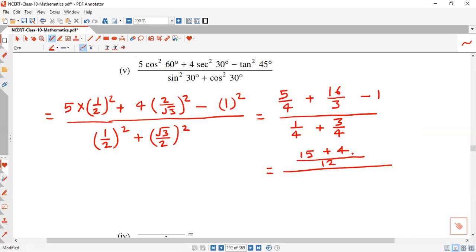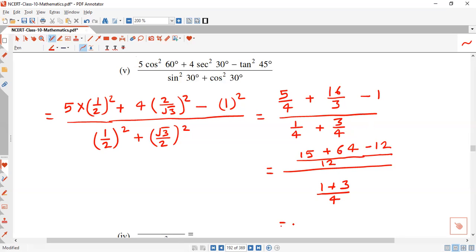3 and 12 cut out to 4, 16 by 3 multiplied by 12, 16 into 4, 64. Minus 1 into 12, so it comes out minus 12. Now in the denominator side, we take the 4 LCM. We have 1 plus 3.